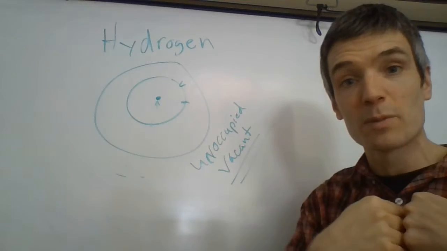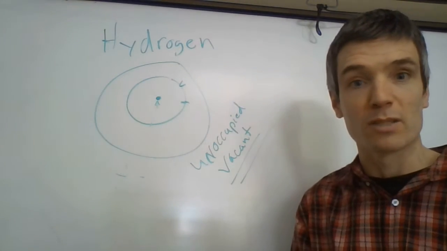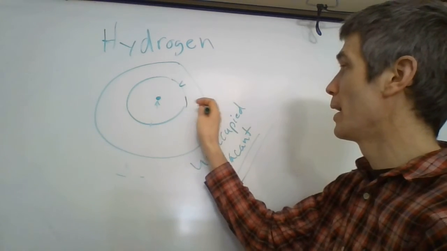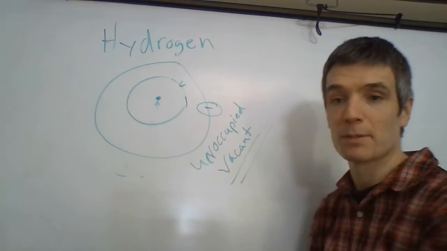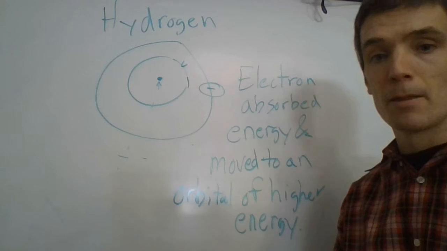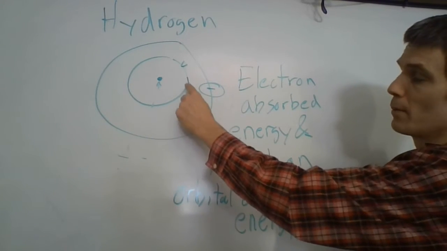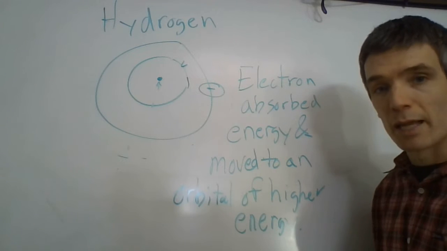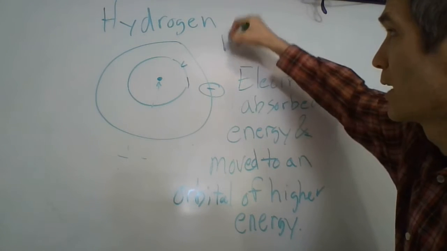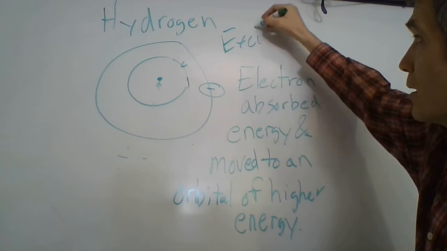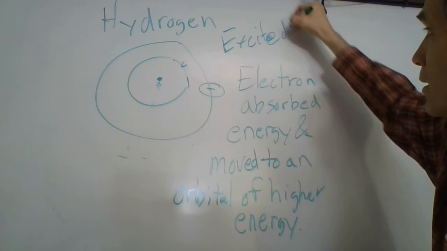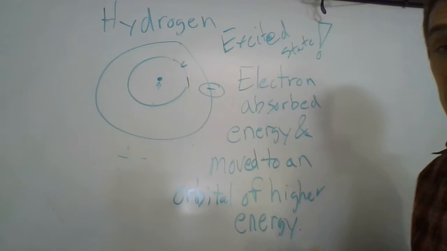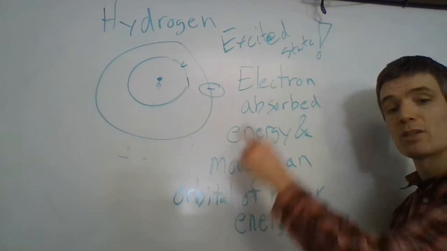The electron absorbs the energy, much like you absorb the energy out of a Snickers bar, and hops up here. The electron moved from this orbital to this one by absorbing energy, electricity. This is called the excited state. It got the energy and it moved up.